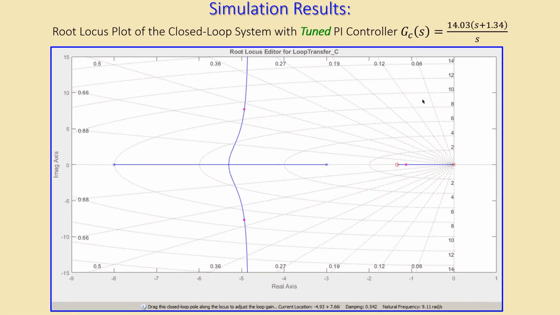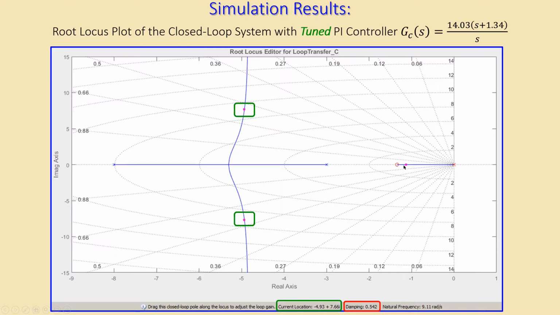I have then the following root locus plot with the location of the dominant poles here, and this is the damping ratio. You might ask, is this better than the first original controller? I think so. Why? Because this pole, which is the third pole, is now close to the zero of the PI controller.